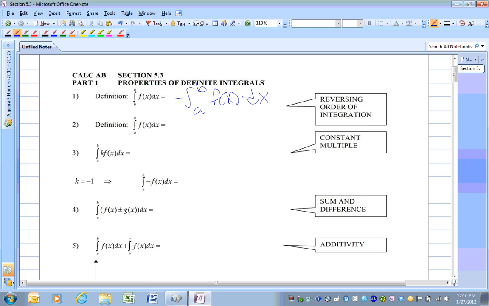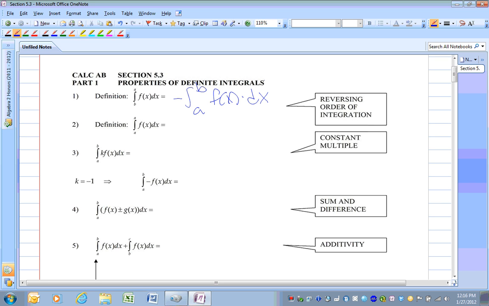But in this case, if B is in the bottom and A is up top, it's just a negative of that integral. That's all. So if you reverse the upper and lower bounds, just put a negative out in front. That's all. Just telling you that's something you can do.